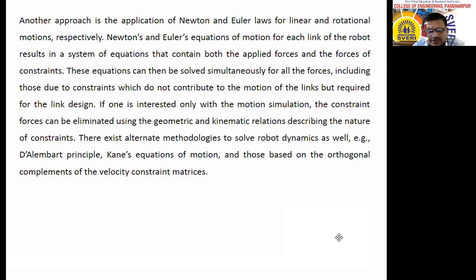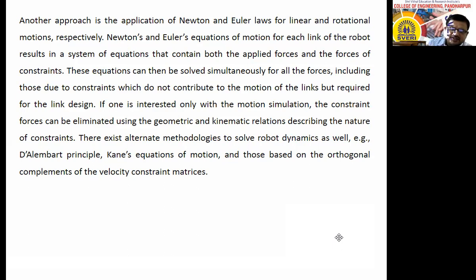Another approach is the application of Newton and Euler laws for linear and rotational motions respectively. Newton's and Euler's equations of motion for each link of the robot result in a system of equations that contain both the applied forces and the constraint forces.